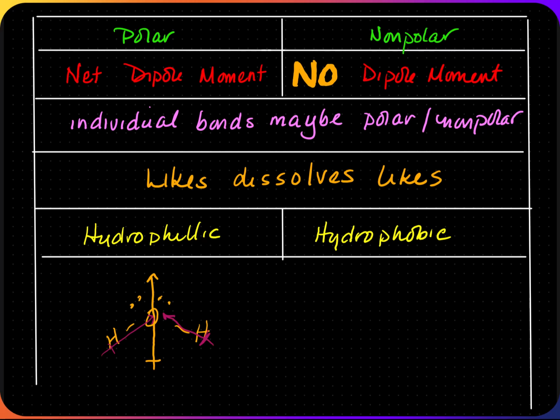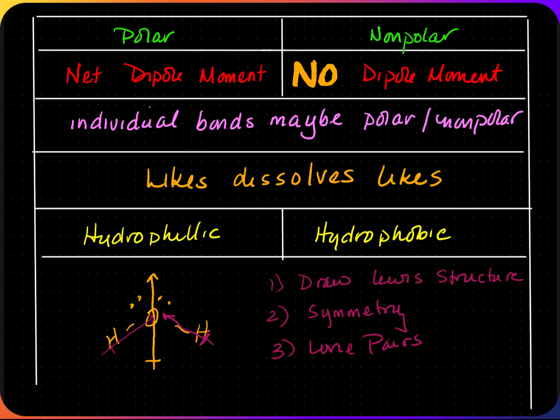The best way to determine the polarity of the molecule is: one, draw the Lewis dot structure correctly. Two, look for symmetry. Three, look for lone pairs. If it has symmetry and no lone pairs, then it is nonpolar, with the exception of trigonal bipyramidal linear and octahedral square planar.